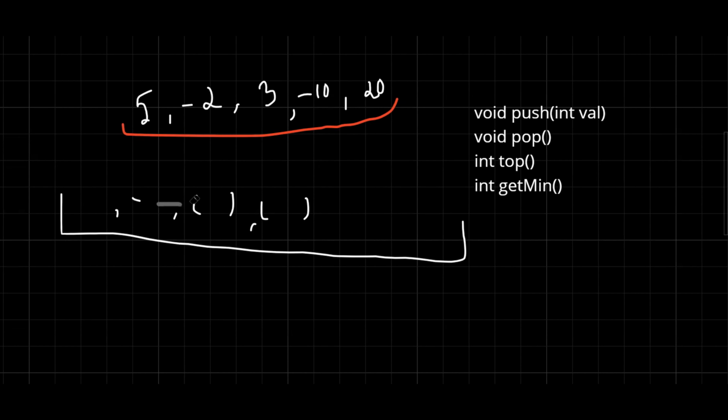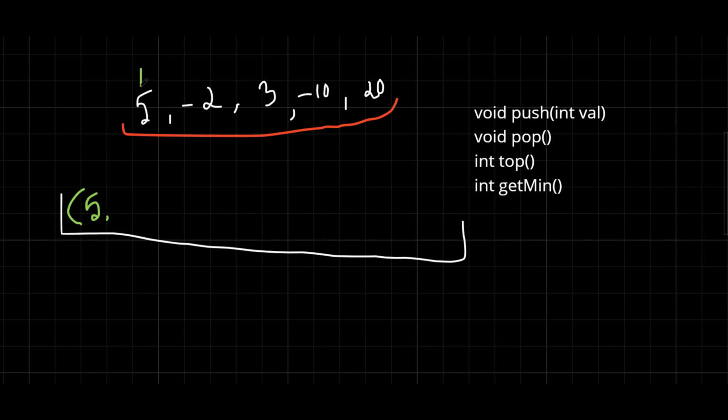So here, for each element, there will be two entries in the pair. Suppose for this element 5, the first entry will be the element 5 itself, and the second entry will be the most minimum element till now.